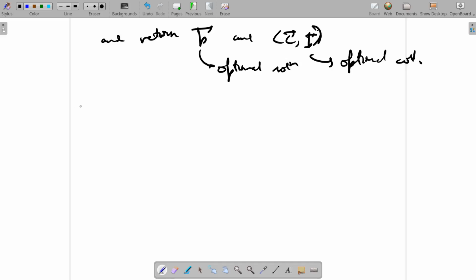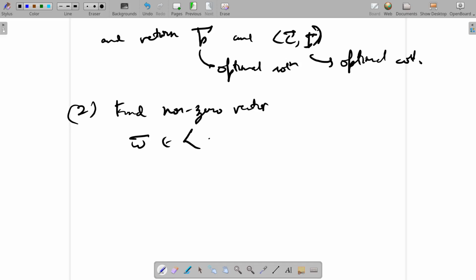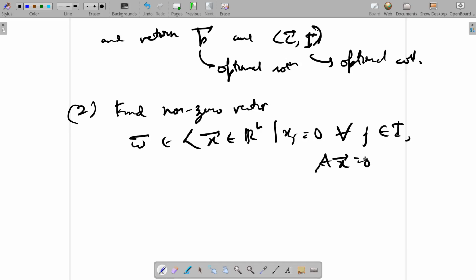Okay, so if not, quite possibly that is not the case. So second step is find a non-zero vector w in F star. This F star we defined anyway, but since we are writing pseudocode, we'll explicitly state it out. So xj equals 0 for all j in I, Ax equals 0. Using Gaussian elimination, you just have to solve this equation, right?